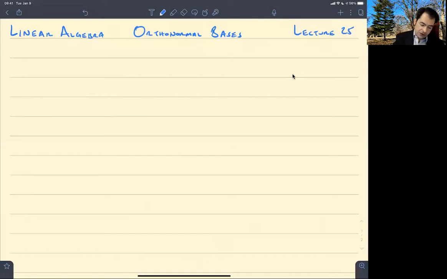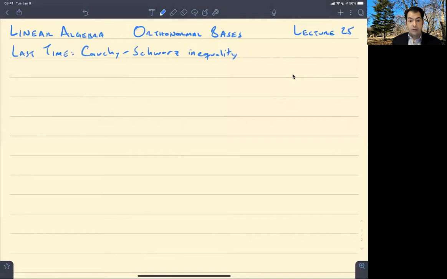Okay, so last time we talked about the Cauchy-Schwarz inequality. This takes place in any inner product space. Recall that we're now assuming that our underlying field is either the real numbers or the complex numbers, and that our vector space is endowed with an inner product.